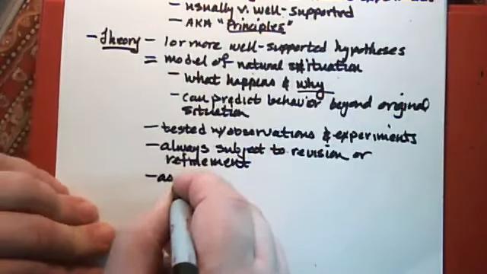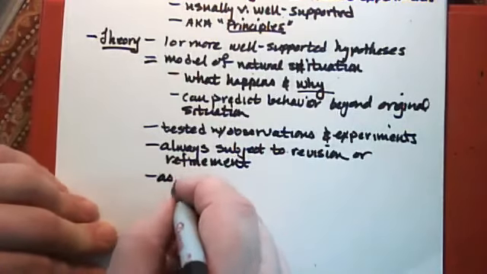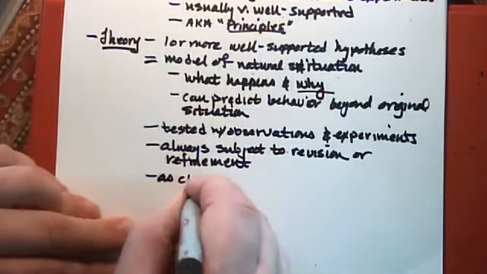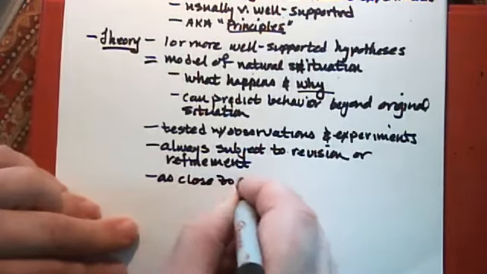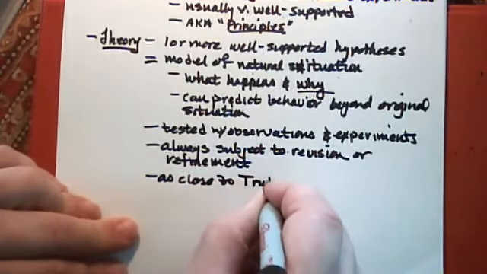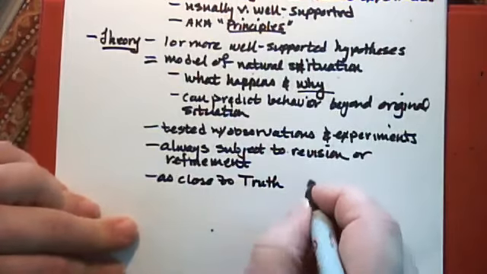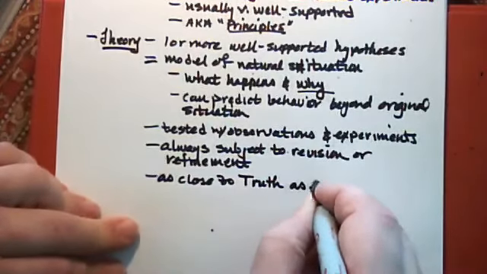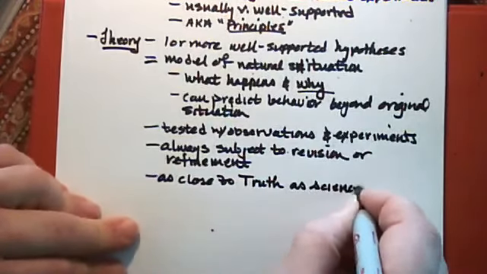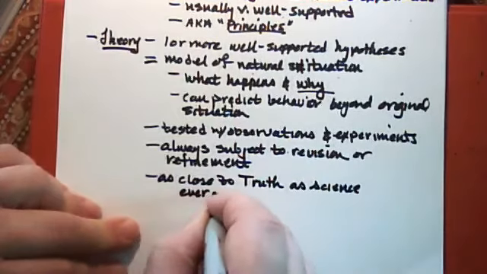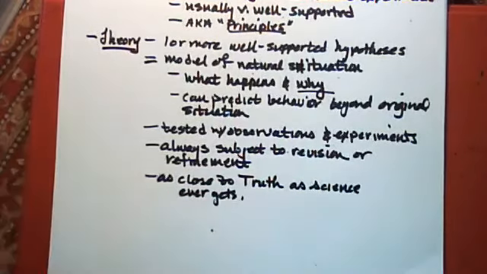A good theory is as close to truth with a capital T as science ever gets. And truth is basically objective reality, what is what.